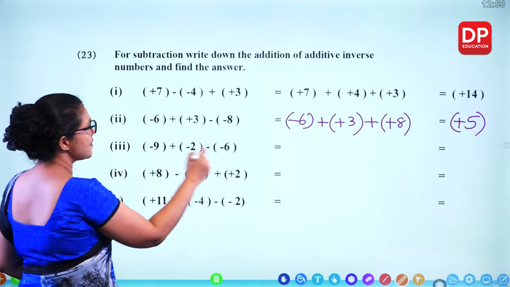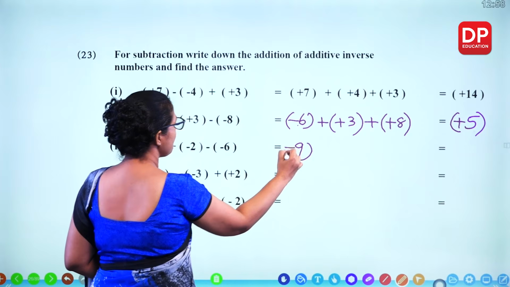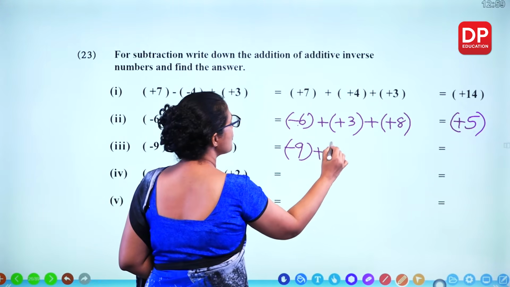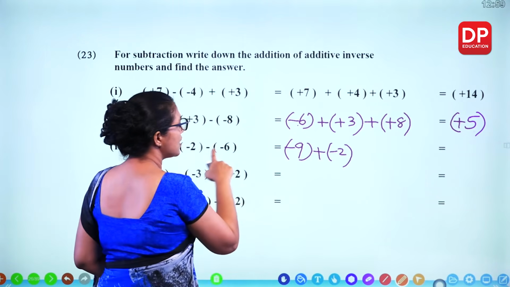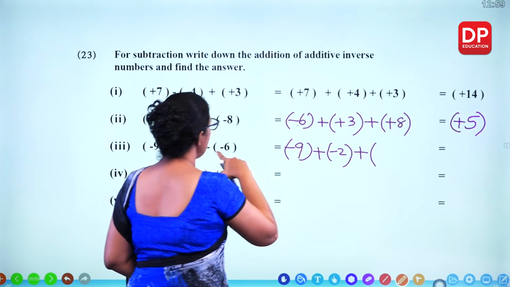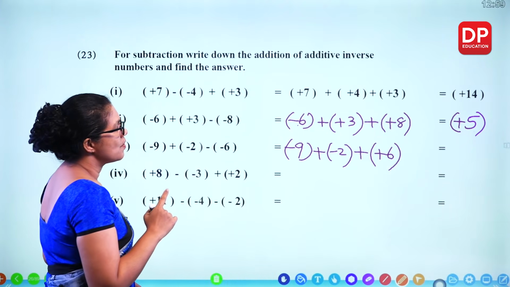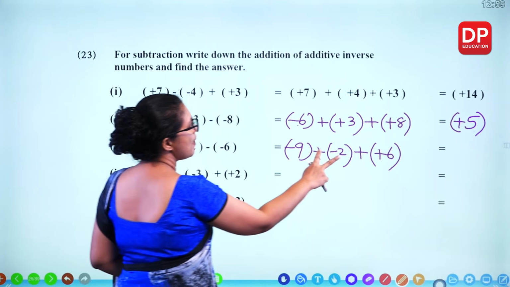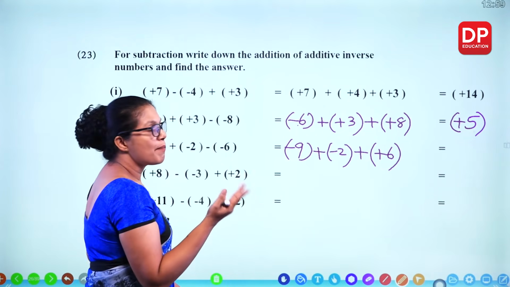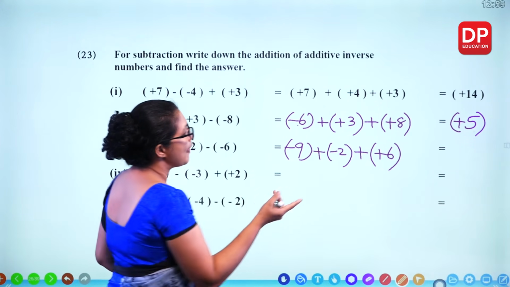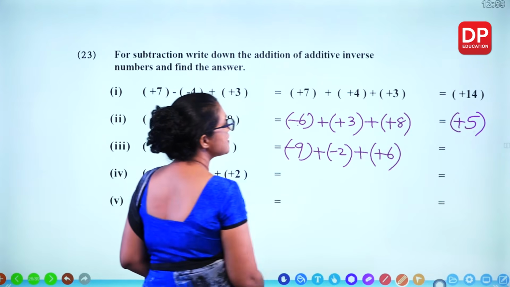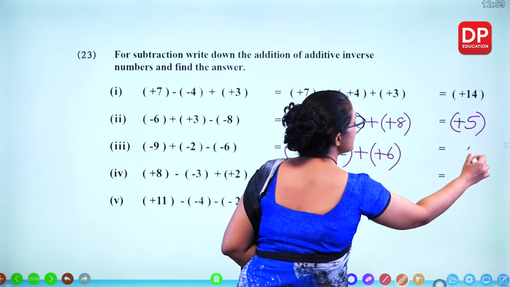This one, minus 9 plus minus 2. And here convert to addition of the additive inverse, that's plus 6. So minus 2 and minus 9, minus 11. Minus 11 and plus 6 means the difference is 5.